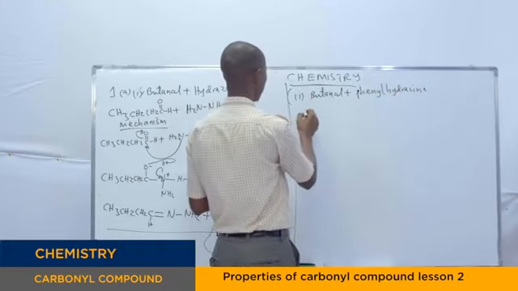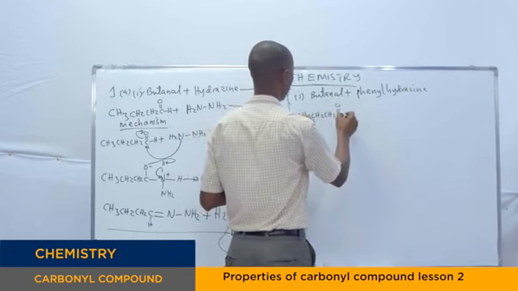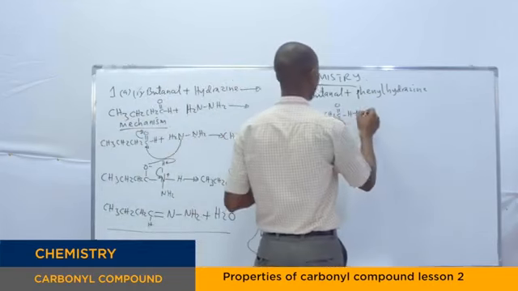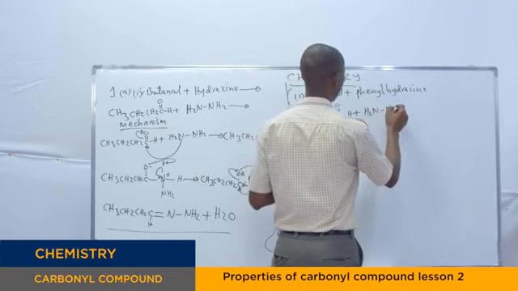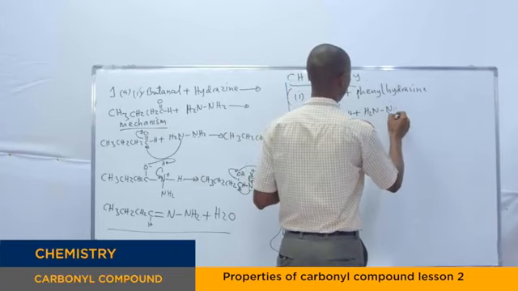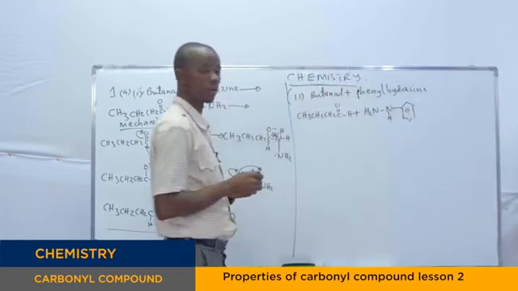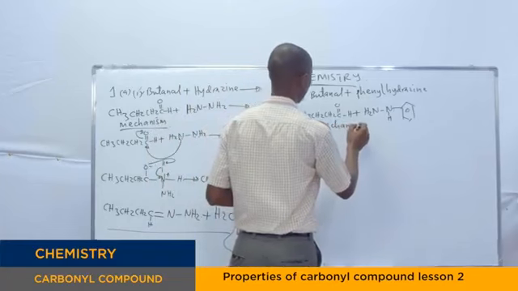You just write the formula. That is butanal. Phenylhydrazine is written this way. That one. What will be the product? Let's see the little mechanism here as well.